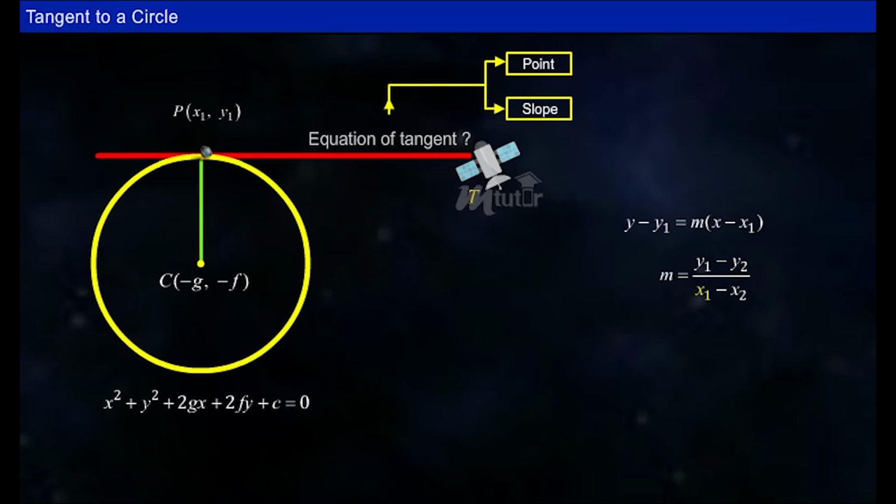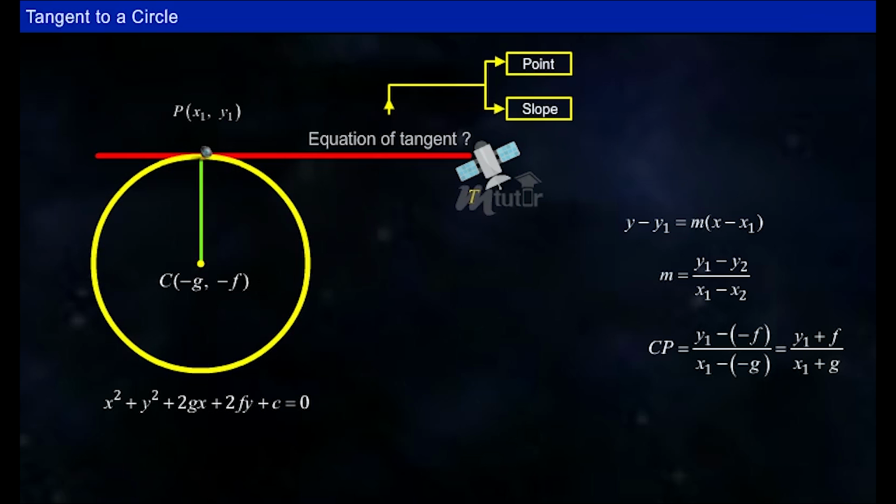Here, x1, y1 denotes the points of P and x2, y2 denotes the points of the center C. We already know that the center of the circle is (minus g, minus f). Substituting the center value in the general slope equation, we get the slope of CP from the point to the center C, which can be written as shown.